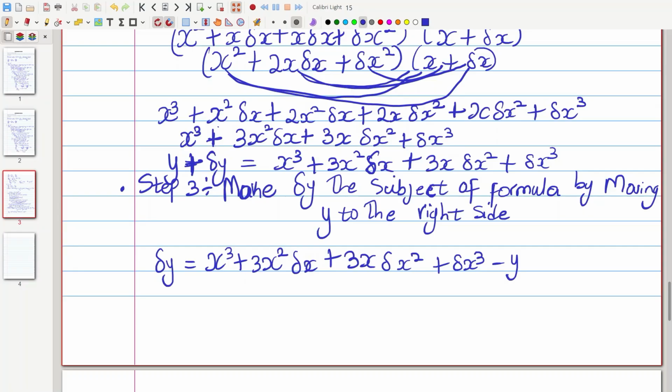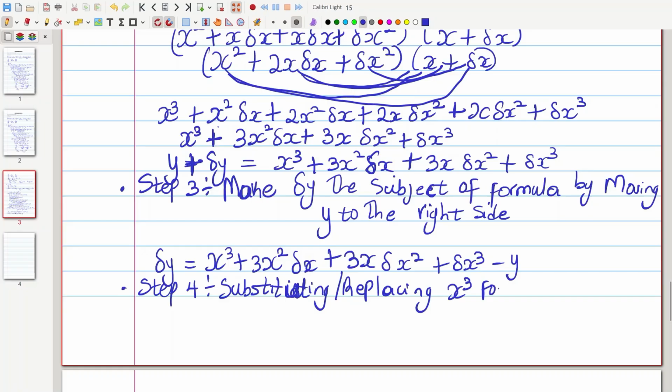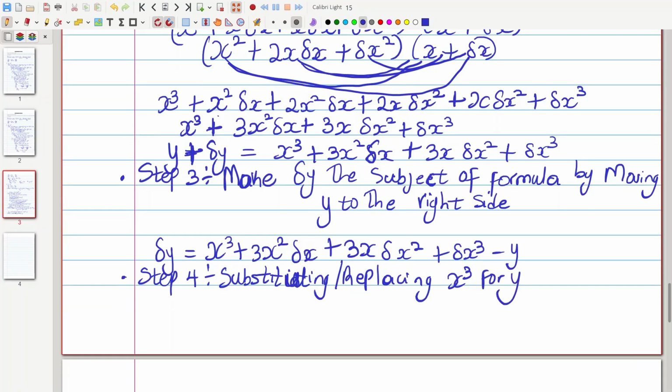and let's not forget our step 4 would be substituting, replacing x cube for y.